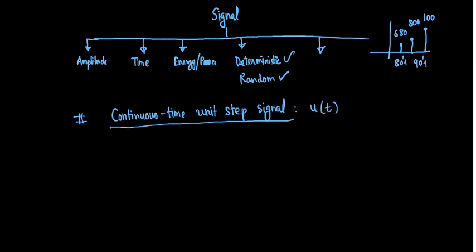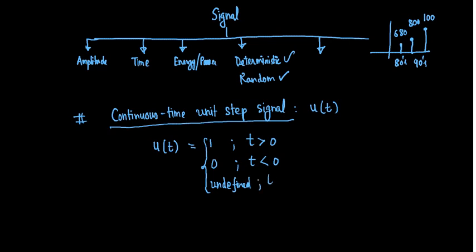It is defined as u of t, which is 1 for t greater than 0 strictly, and it is 0 for t less than 0, and it's undefined at t equals 0. It's uncertain just because there is a discontinuity there.